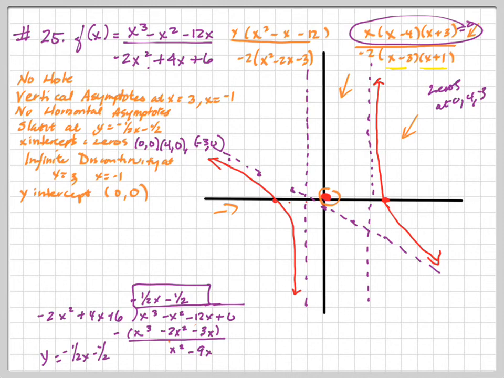For the first one, let's pick 2. What's going on at 2? If I put 2 into my function, here where it's easier, it would be x, which would be 2. So that would be positive.